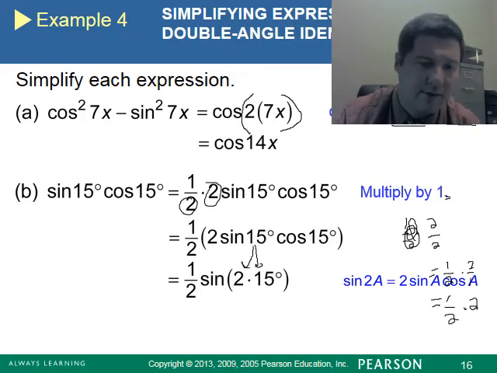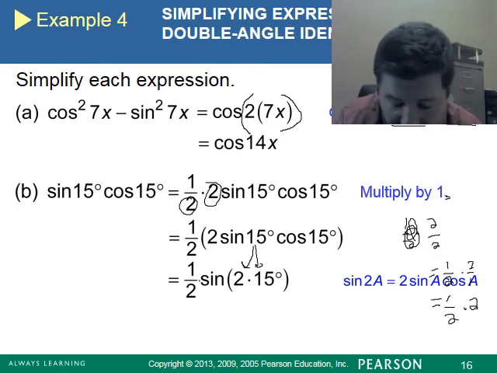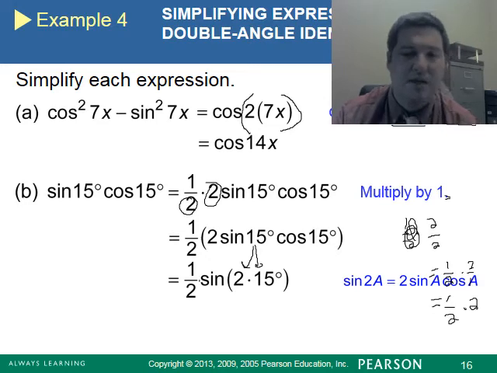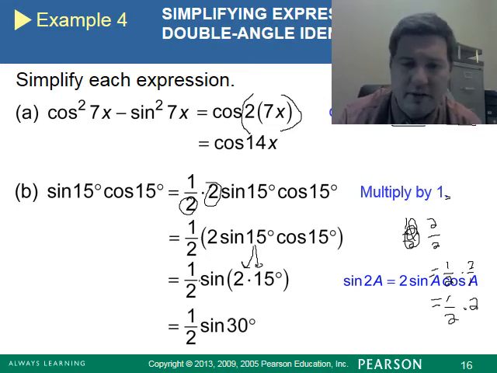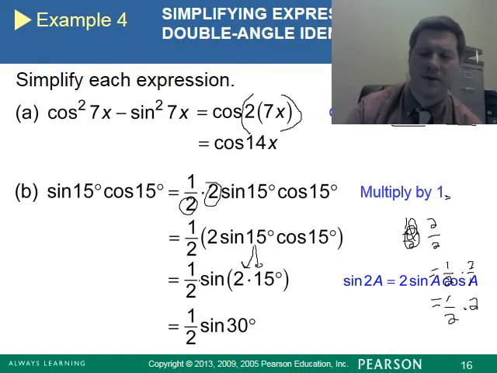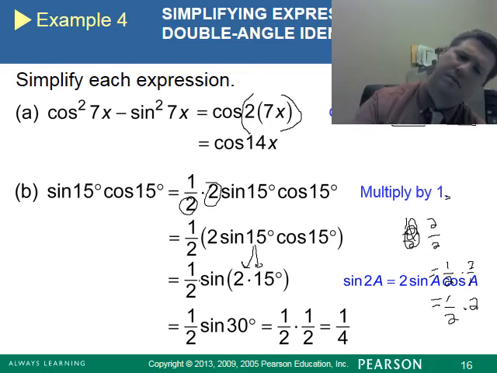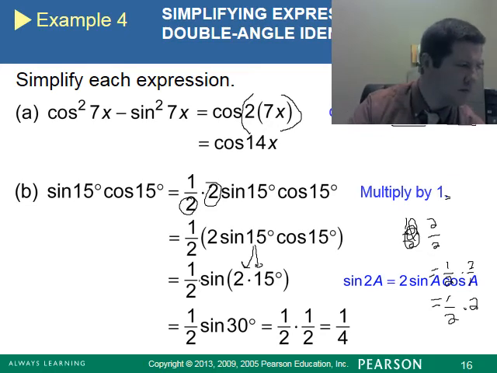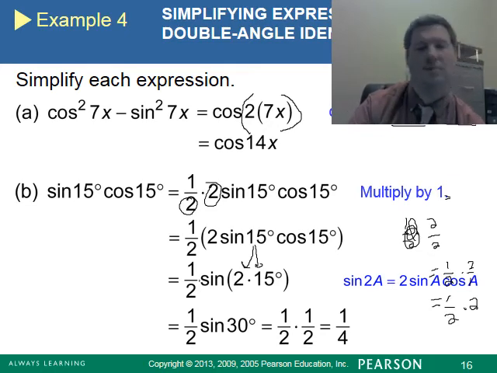And that 1/2 just gets carried down and it's going to get multiplied by our final answer. So sine of 2 times 15 is sine of 30. And the sine of 30 is square root of 3 over 2? No. Well, that makes sense. 1/2.